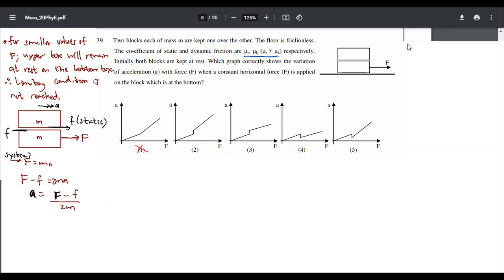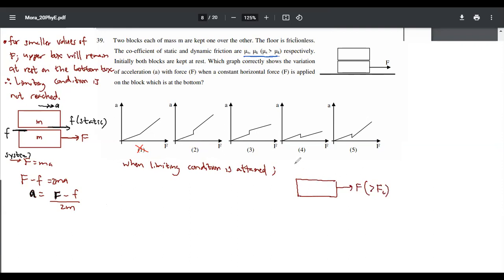Now, when the limiting condition is attained, what will happen? Now you are giving a force which is larger than the limiting frictional force. Now I'm giving F, which is a value larger than the limiting frictional force.